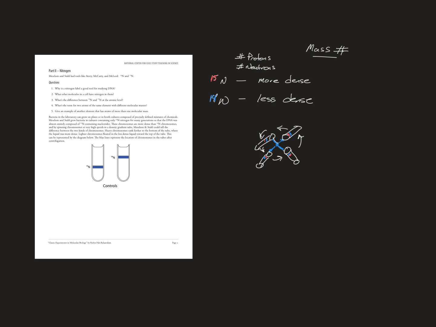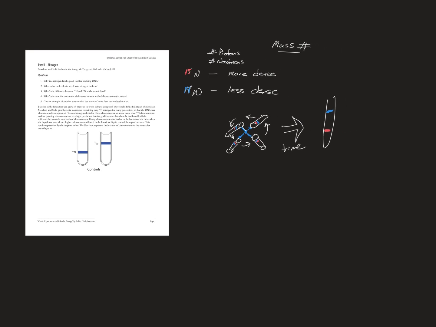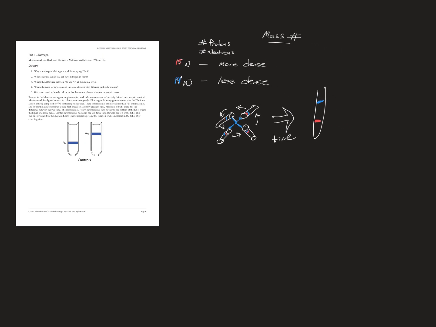What's going to happen if we just look at one of these test tubes? What's going to happen over time is that the heavier one will be at the bottom and the lighter one will be at the top. So centrifugation, remember when we talked about gel electrophoresis, is a way of separating things by molecular mass or by charge.